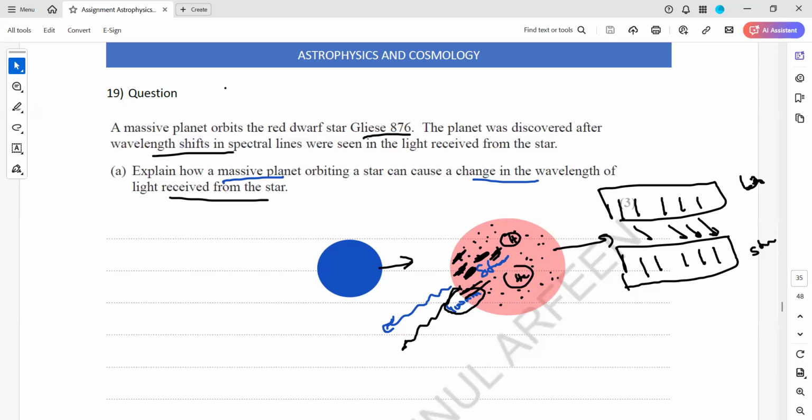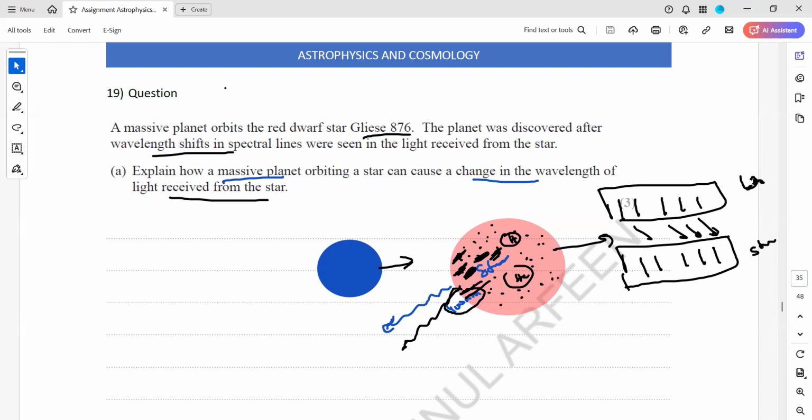So how do you structure this answer? How do you write the answer? First, you mention that as a massive planet is orbiting the star, there is a gravitational force between the star and the planet, and the gravitational force of the planet on the star causes the particles of the star to move.